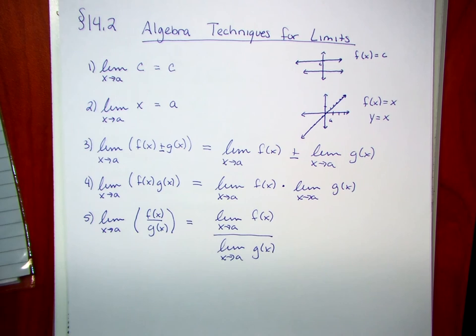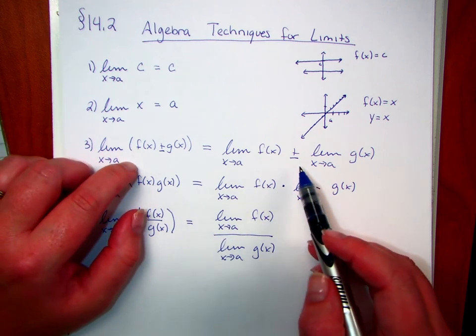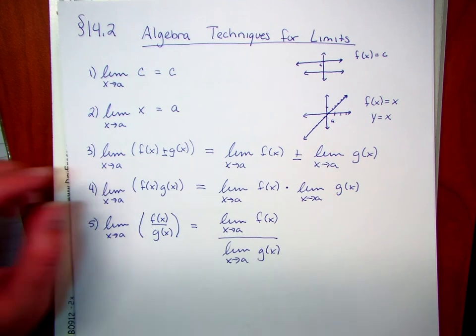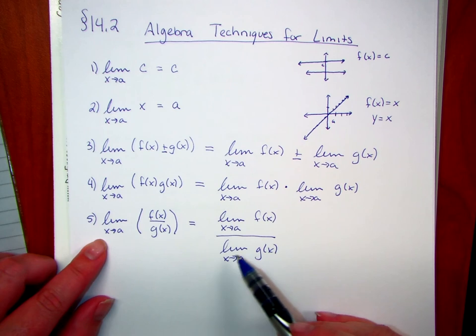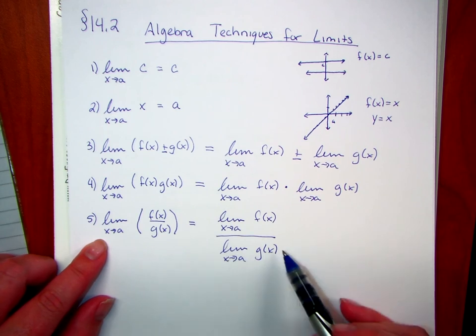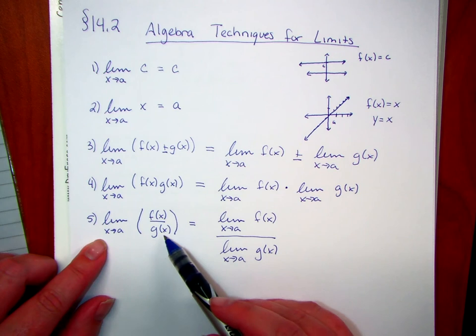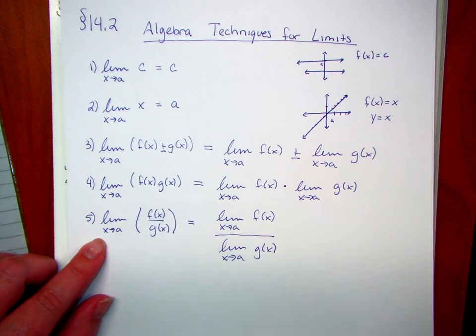All right, now on all of these, we're assuming that the limits of f and g exist. So if the limit of f did not exist, we would not have separated it out. We would have stopped evaluating the limit at that point. Okay, and the limit of the quotient is particular because we have to make sure we're not dividing by 0. So if the limit of g is 0, we would not split this apart. We would just do something else at this point, right?